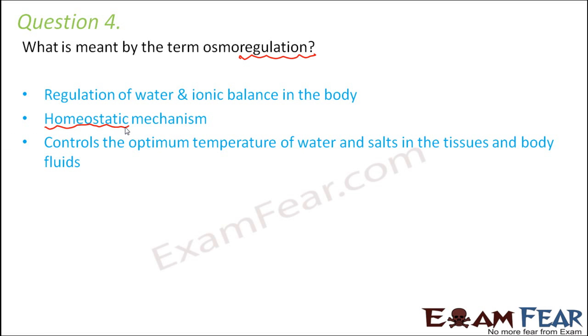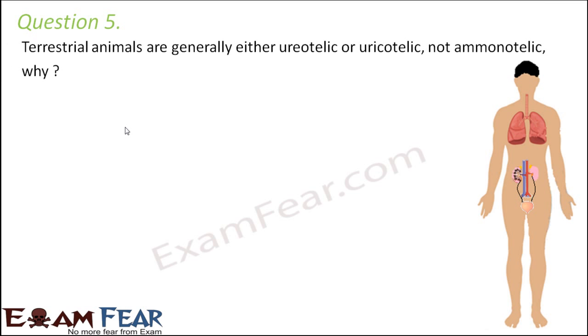It controls the optimum temperature of water and salts in the tissues and the body fluids, because only if the optimum temperature is maintained, only then the right amount of water and right amount of salt would also be present. So osmoregulation is nothing but regulating the content or the balance of water and ions in the body.